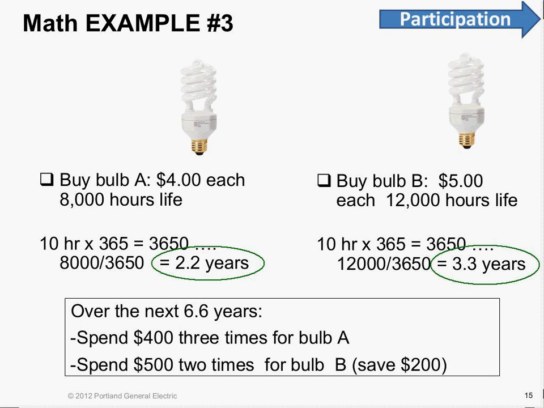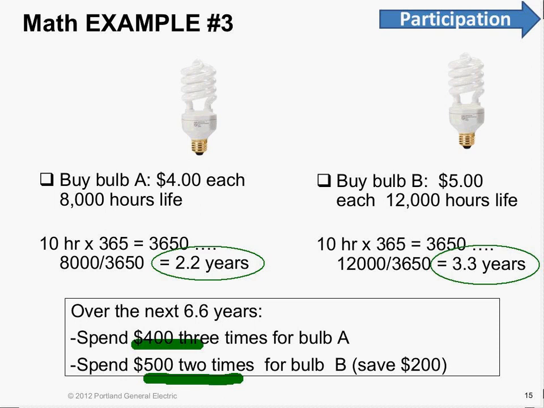So when you really think long term, over the next 6.6 years, you would have to buy the $4 bulb 3 times over 6 years. You would only have to buy the $5 bulb twice. 3 times 400 is 1,200. 2 times 500 is 1,000.